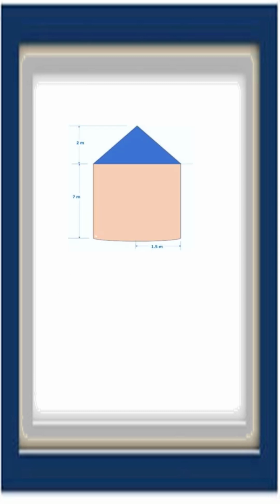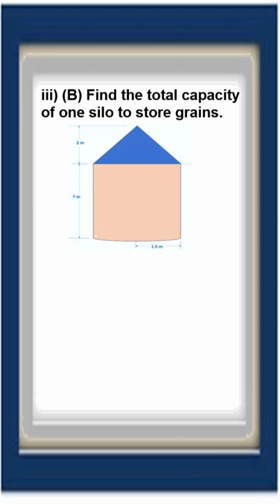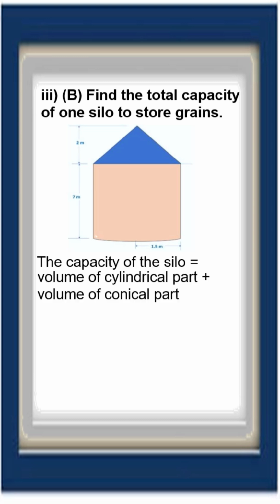Now let us solve the second choice question. Find the total capacity of one silo to store grains. So total capacity is equal to volume of the cylindrical part, this part, and volume of the conical part, this part.